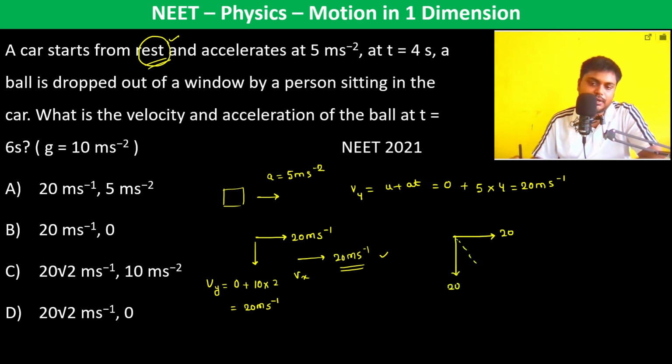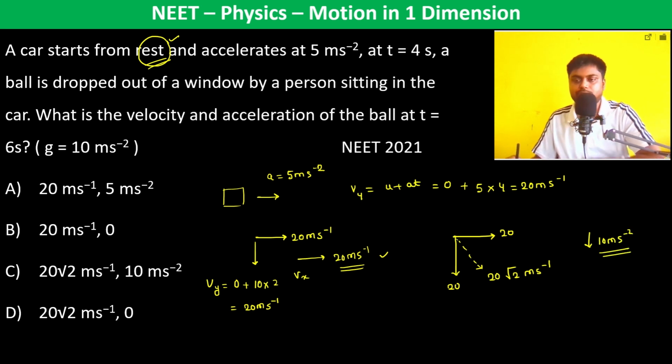Therefore the net velocity is going to be 20 root 2 meters per second. And the acceleration of the ball will be downwards 10 meters per second square, because now it will be a free fall. There is mg acting and no other force than mg, so that will cause the acceleration to be 10 meters per second square. So therefore C is going to be the option.